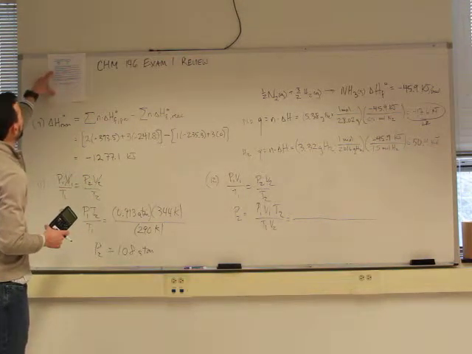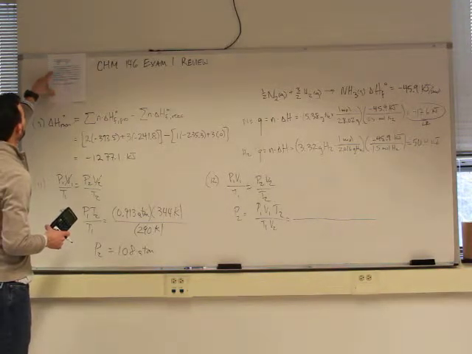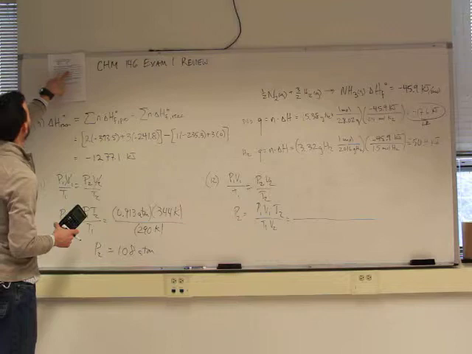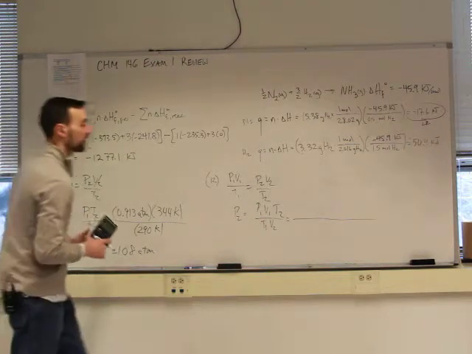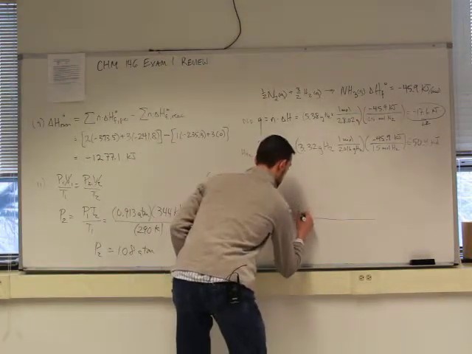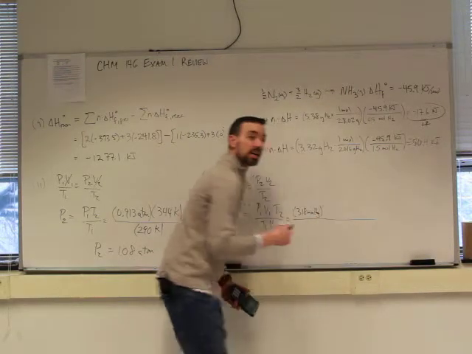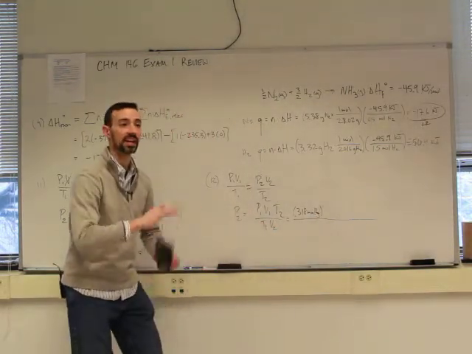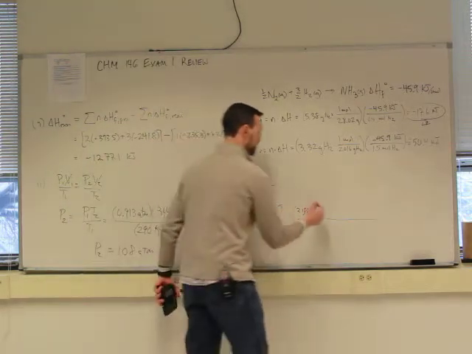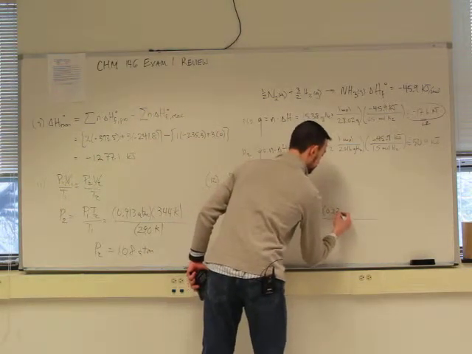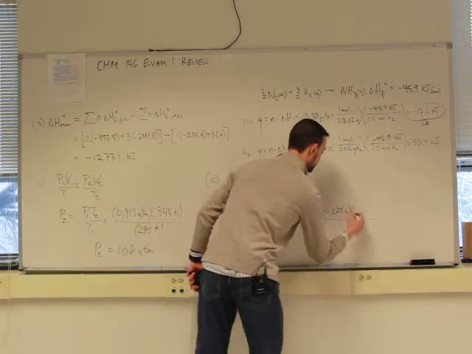So in number 12, our original pressure is 318 millimeters of mercury. And it's fine if we leave this in millimeters of mercury. The question has not specified to use atmospheres or answer in atmospheres. Our volume was 0.225 liters.